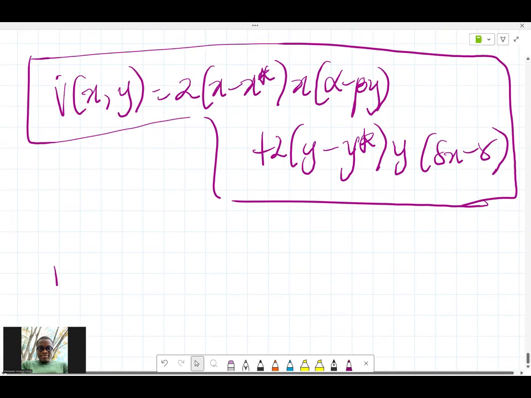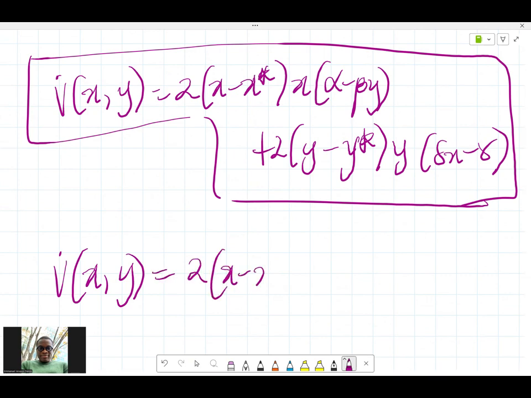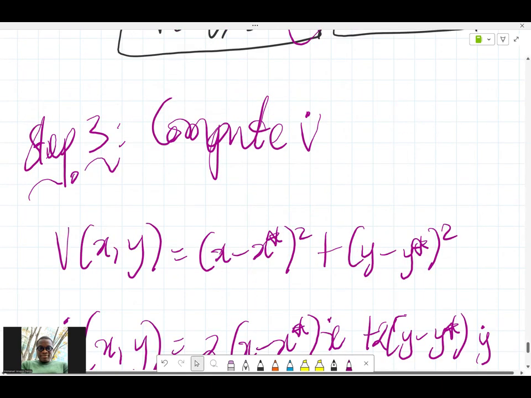So we have V dot(x, y), and this is 2(x - x*) times the rest. We already have our alpha, and we already have our x* and y*.